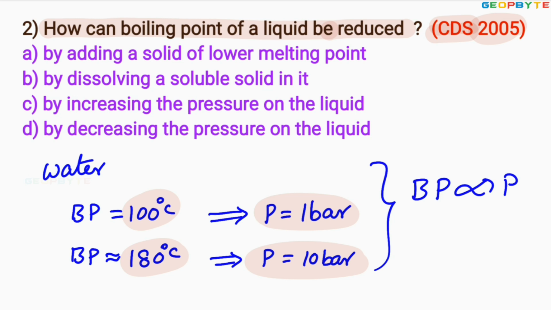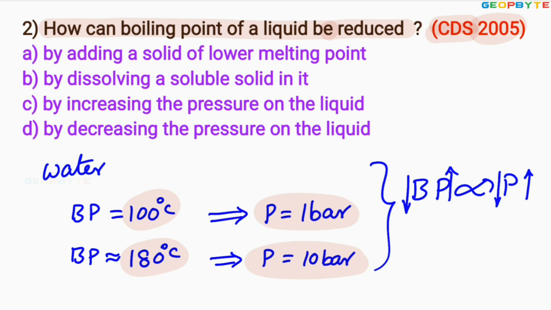It means if the pressure increases, boiling point increases, and if the pressure decreases, boiling point decreases. Therefore, the way for decreasing the boiling point of any liquid is by decreasing the surrounding pressure.